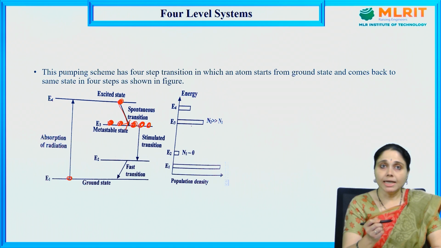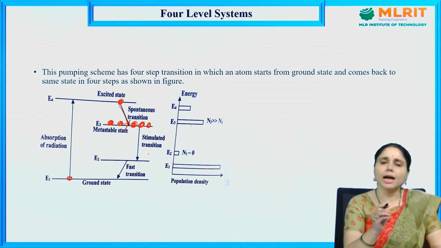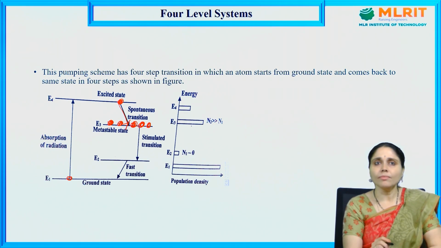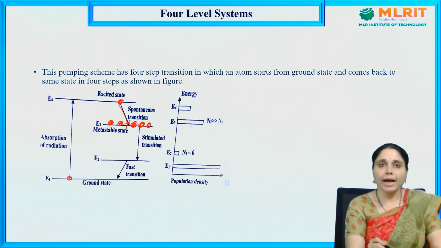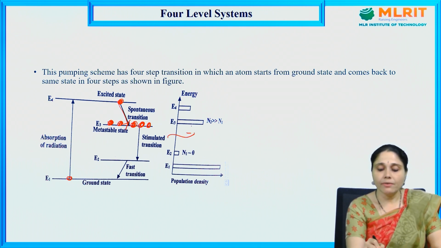Then the collected atoms return to the E2 state by stimulated transition. If more atoms are available in the E3 state, that is known as population inversion, and the population inversion is achieved in the E3 state. Then the stimulated transition takes place, where the laser light is produced.